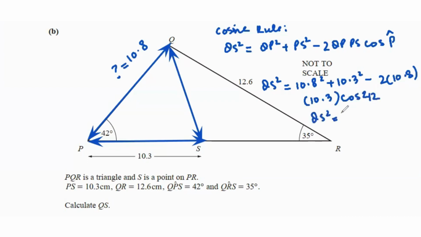So if we solve that, 10.3 square plus 10.8 square.